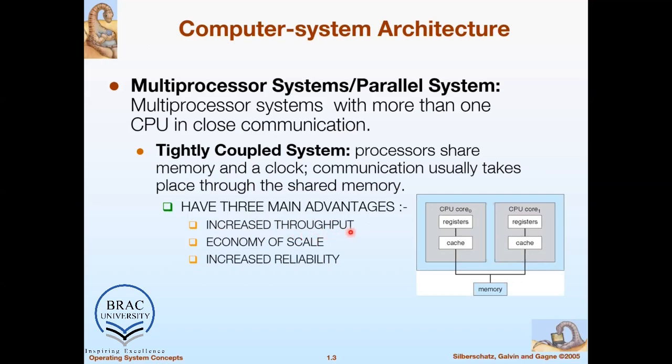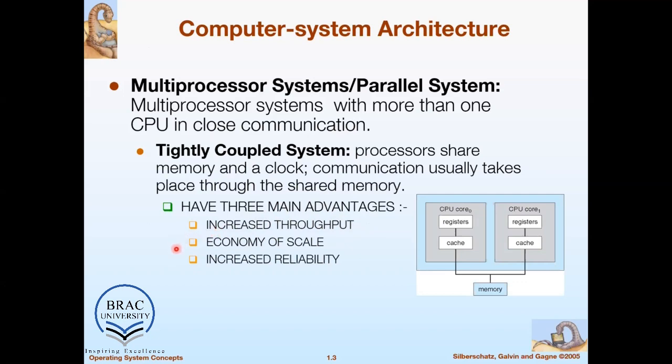Why is this? The answer is simple: because it has more than one CPU, which performs parallel work and makes it efficient and more powerful. That is what we mean by increasing throughput.